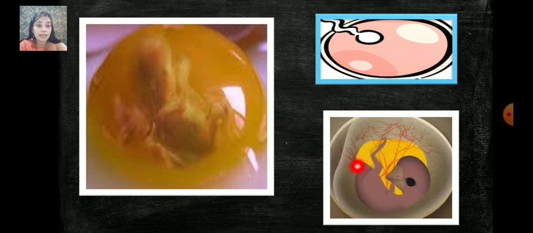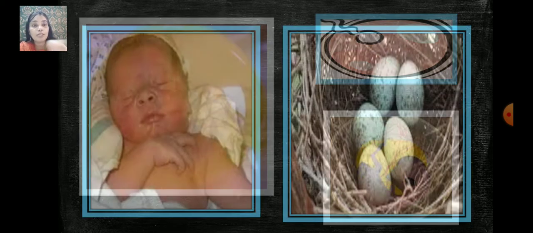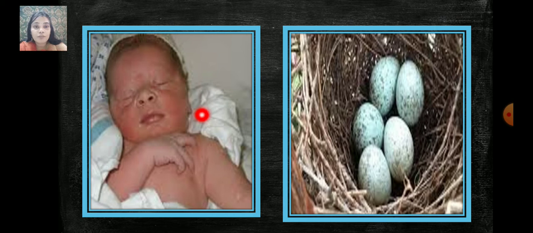Inside the egg, it is like this. And when we are born out of our mother's body, we human beings look like this, a cute baby. So were you an egg when you were born, or did you look like a baby? We look like a baby when we are born.